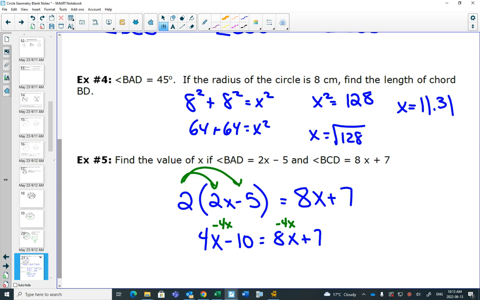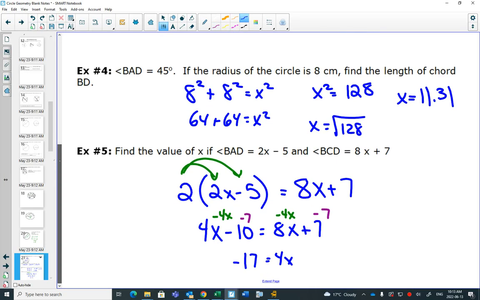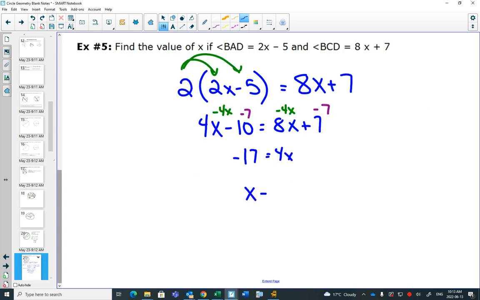And then I would put my numbers on the left, so I'm going to subtract 7 and subtract 7. Can you see that you would get minus 17 is equal to 4x, and the opposite of multiplying is dividing, so divide both sides by 4. If you tried to guess and check, I do not think you would have got it very easily. Negative 17 over 4, or negative 4.25, is our answer.